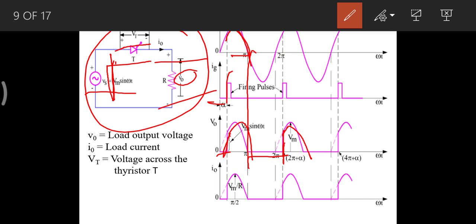The entire applied input comes across the output. So this process is repeated for the next 4 pi plus alpha, and up to the end. So this is the voltage waveform, and the current waveform is also similar to the output waveform.